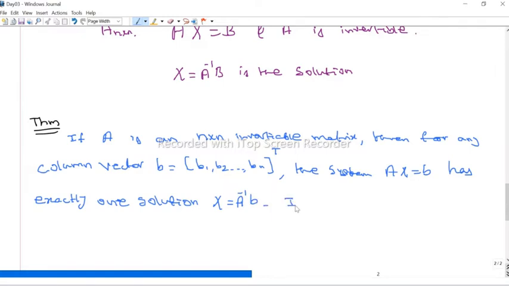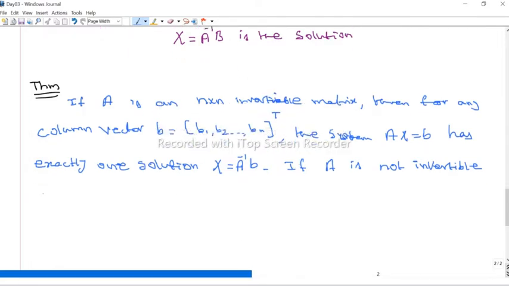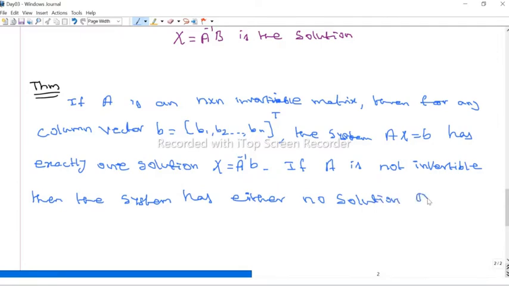Suppose A is not an invertible matrix. Then the system has either no solution or infinitely many solutions, according to the consistency of the system.